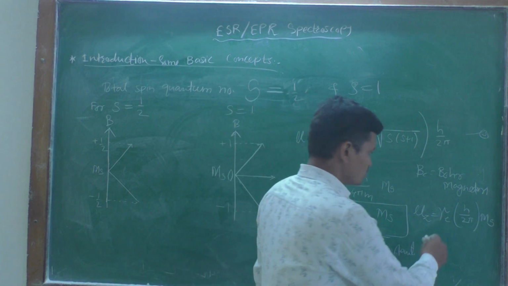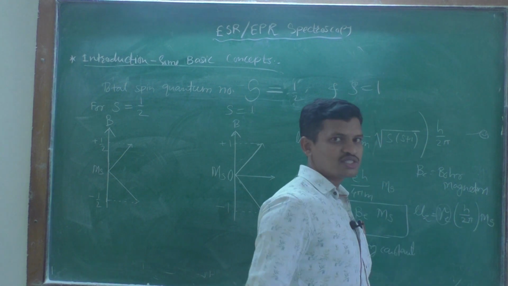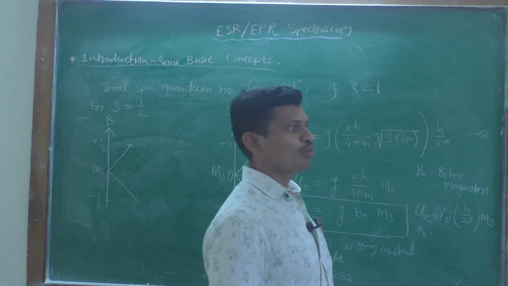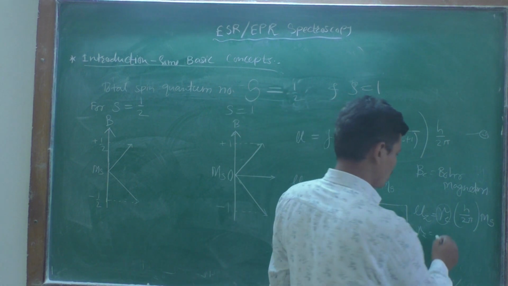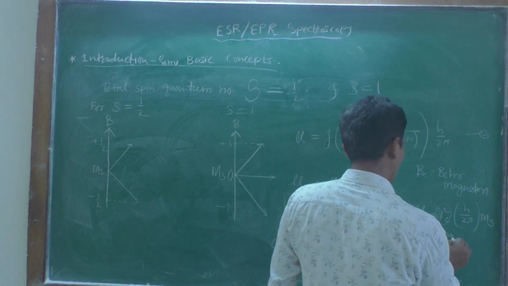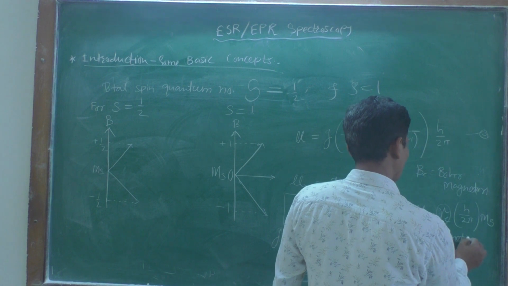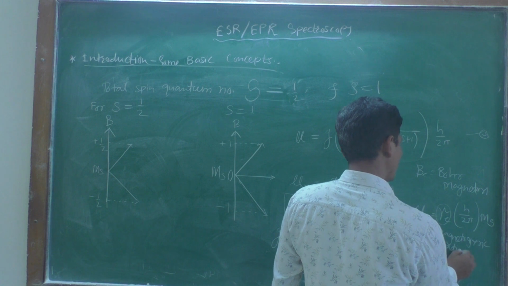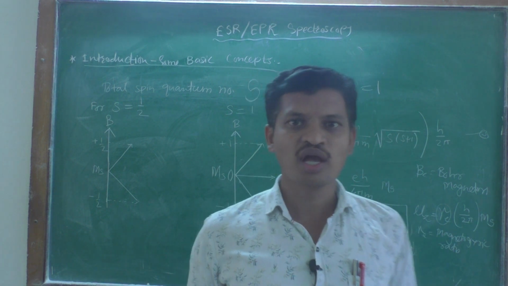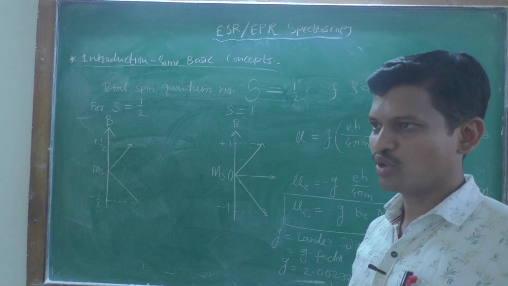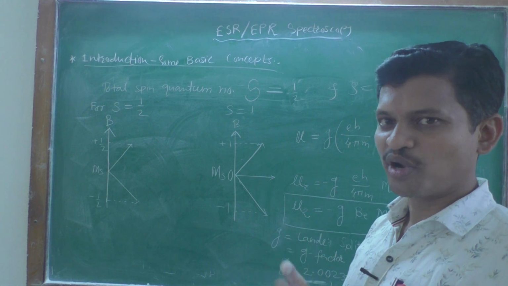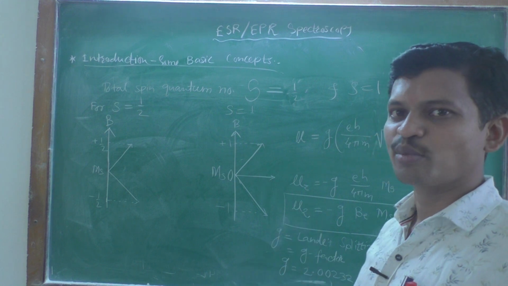Okay, so this gamma e is the magnetogyric ratio. It is also called as magnetogyric ratio or gyromagnetic ratio. Okay, and this ratio is a characteristic property of a given chemical substance.